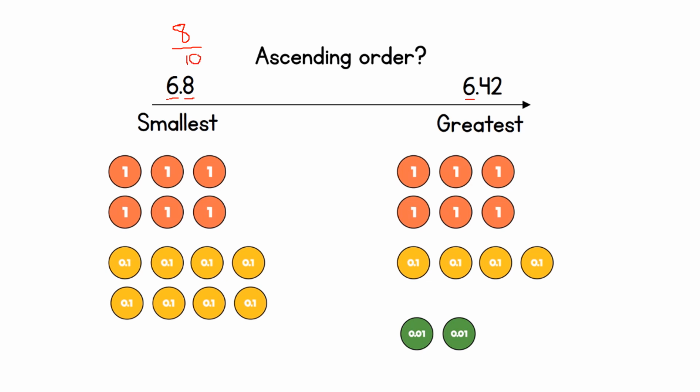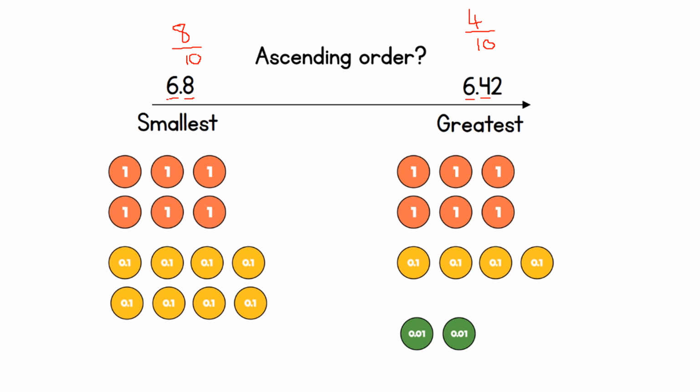And let's check the tenths column for this number. It's 4. So that would be 4 tenths. Now, when we're placing numbers in ascending order, we start from smallest to greatest. So which one is smaller, 8/10 or 4/10? Have a think.